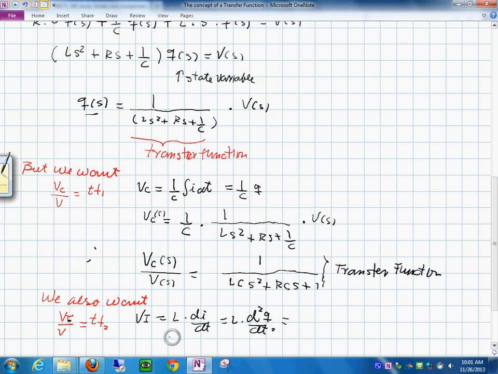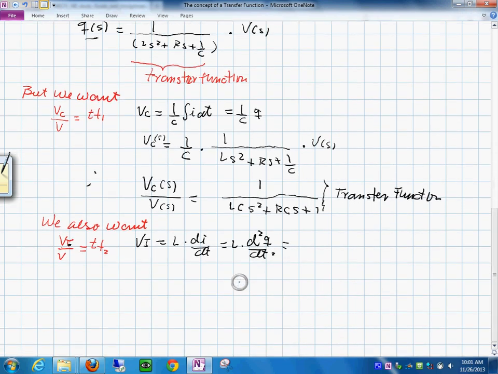So V sub L of s is equal to L times s squared times Q of s, based on what we did up here.